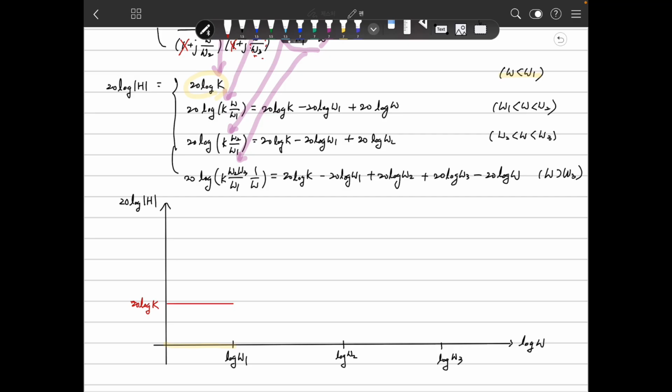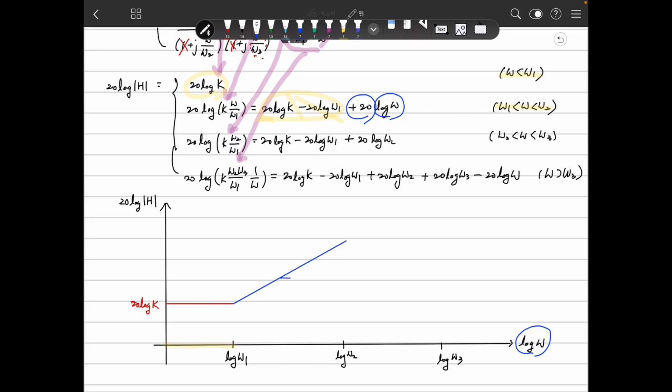And next, in this area, 20 log k minus 20 log omega 1 plus the variable log omega, and the slope is plus 20. So we have a line in this manner here.